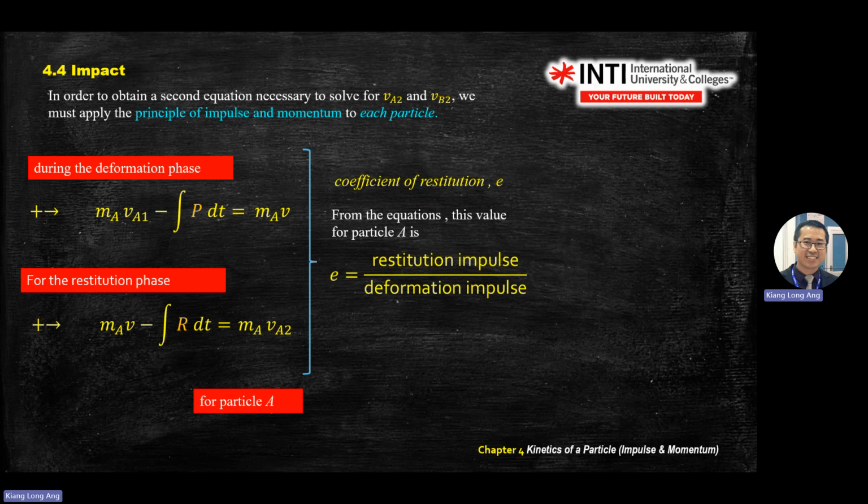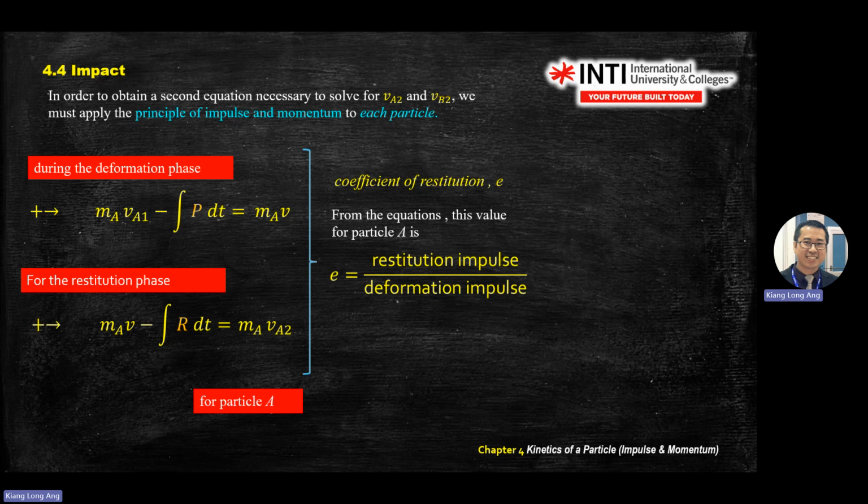E is a ratio between restitution and deformation, or after divided by before. Every time you look at a ratio, normally one is after, the other is before. Output over input, always the same, applies to efficiency or any coefficient.